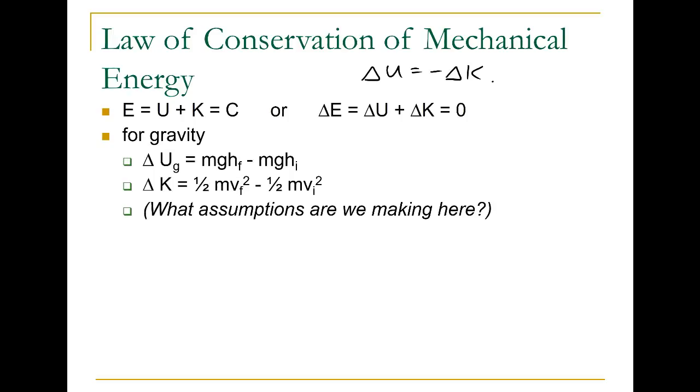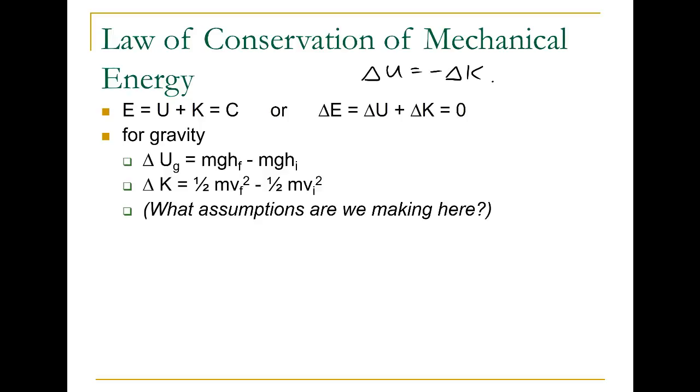Now for gravity, we can have kinetic and potential. And if you look at this, we are assuming a couple things. First of all, that we're near the surface of the Earth, because that allows us to use 9.8 for g. Secondly, we're assuming that we don't have rotation, because that would change our kinetic energy equation.